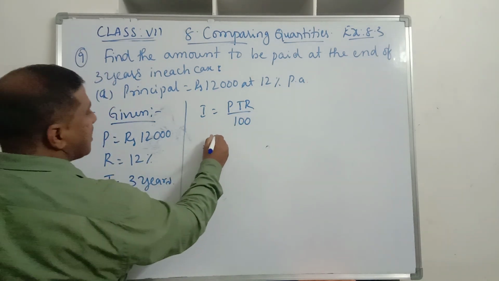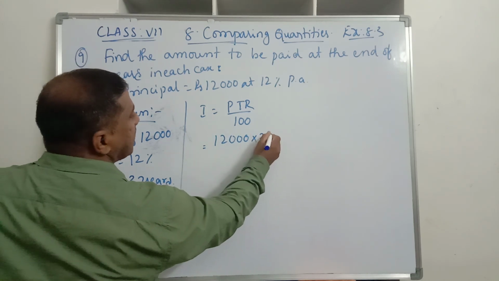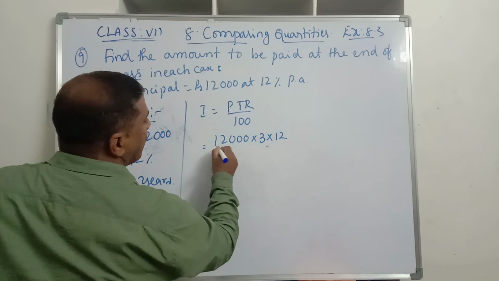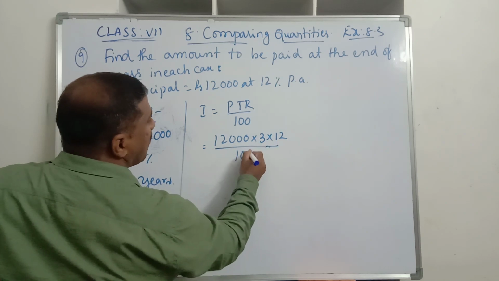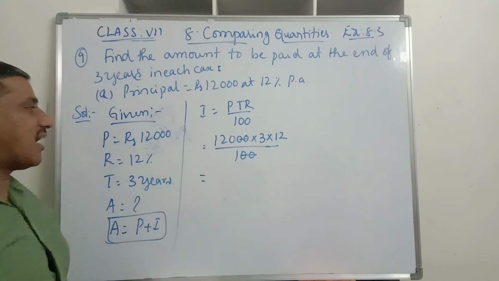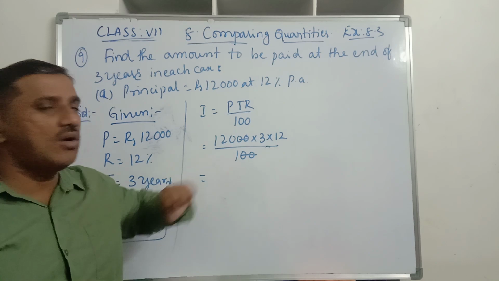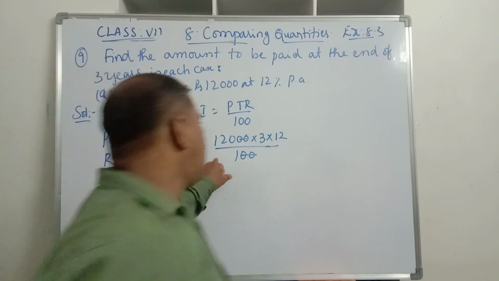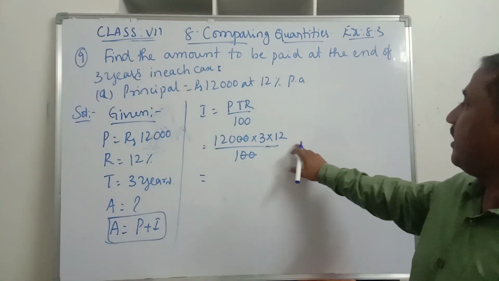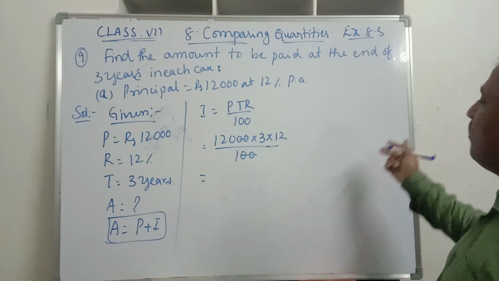Principal P is 12,000 into time, it is 3 years, rate of interest is 12%, divided by 100. So 2 zeros and 2 zeros are cancelled. Now we need to multiply 120 into 3 into 12. So 12 into 3 is 36, 36 into 120.